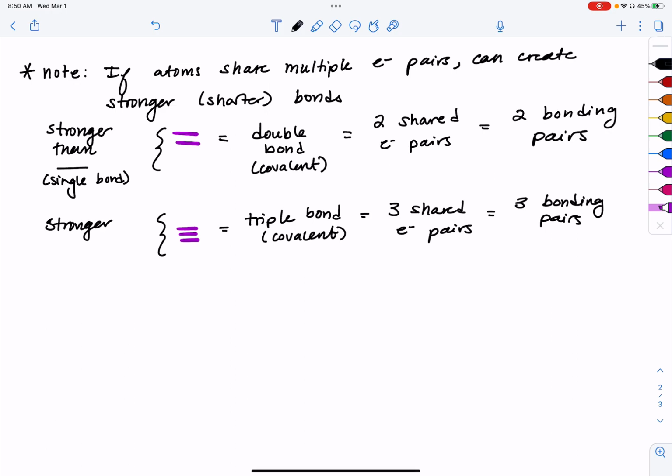So this type of bond is stronger than even a double bond. So if I were to rank them, I would have my single bonds being weaker than my double bonds being weaker than my triple bonds.